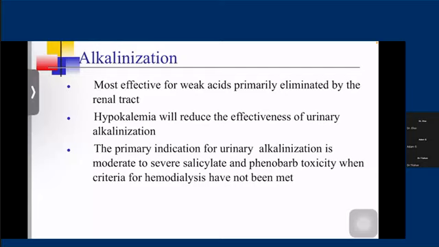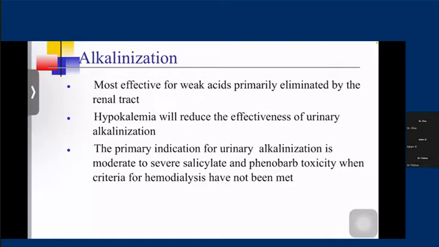Always make sure there is no hypokalemia before alkalinization, because hypokalemia can reduce the effectiveness of urinary alkalinization and can even worsen, and the patient can develop cardiac arrest because of the hypokalemia. So if there is hypokalemia, we have to correct the low potassium before considering alkalinization.